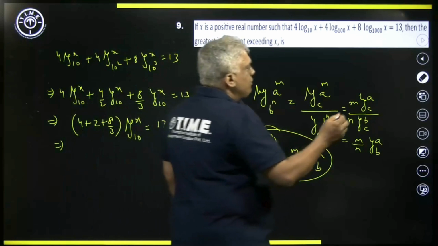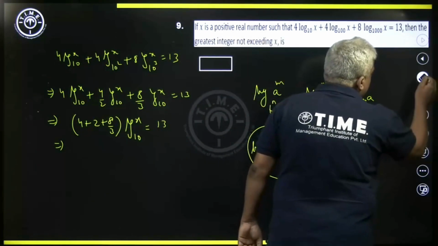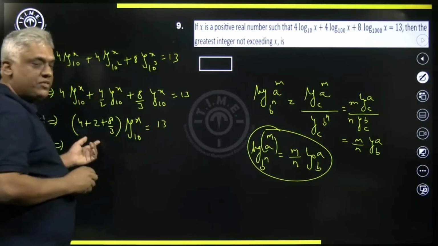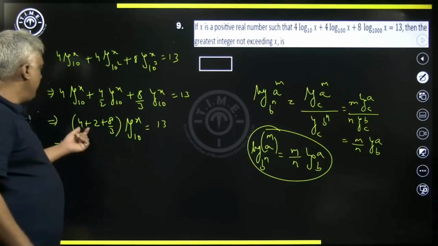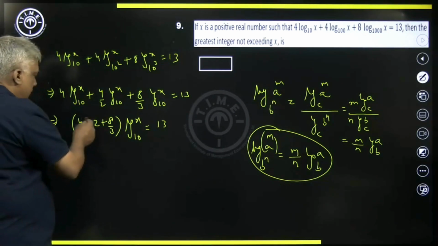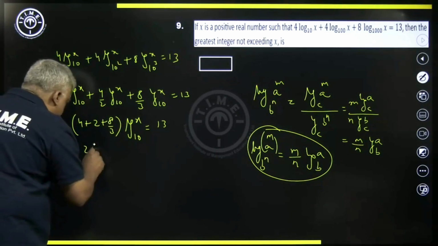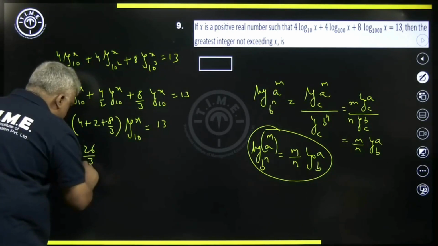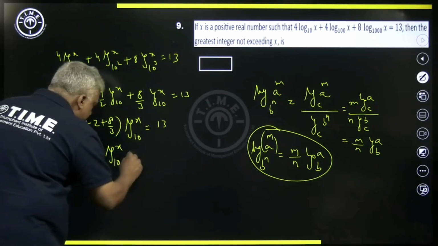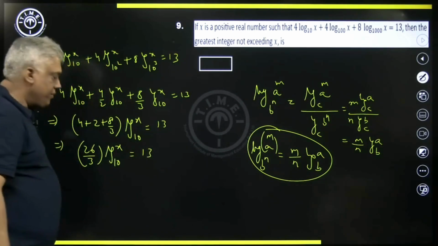LCM is 3 here. So, it will be 6 plus 8 by 3, okay. So, it will be 18 plus 8, 26 by 3, 26 by 3 times log of x to the base 10, this is 13, right.